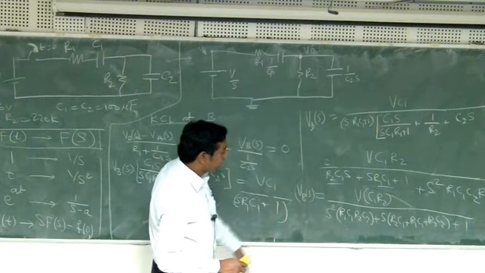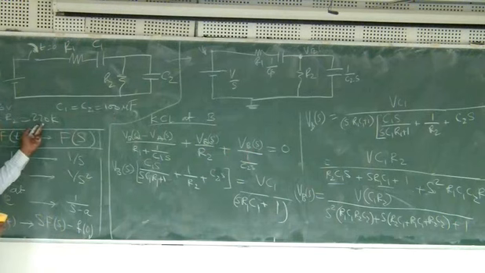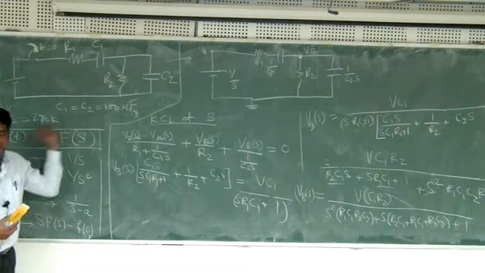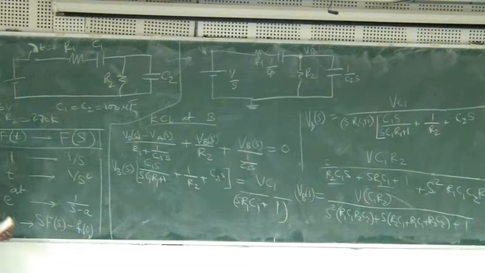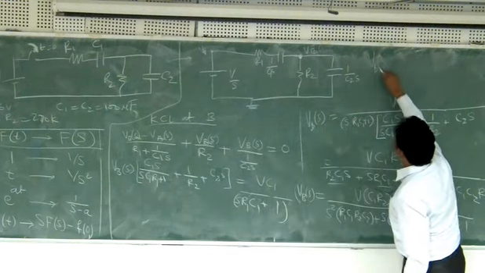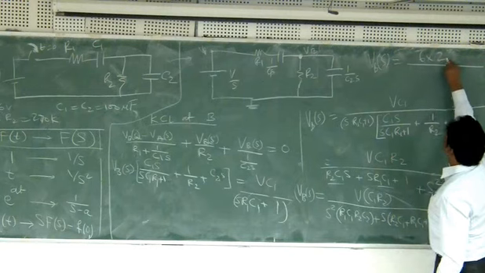Now I can substitute the values. Because the values we have chosen are 100 microfarads and 270 kilo, the multiplication of any R and any C is 27, that you already saw many times. So kilo and 3 zeros is mega, and then mega and micro will cancel. 27 will remain. So if I substitute the values, then I'll get VB of S equal to numerator will be 6 into 27.